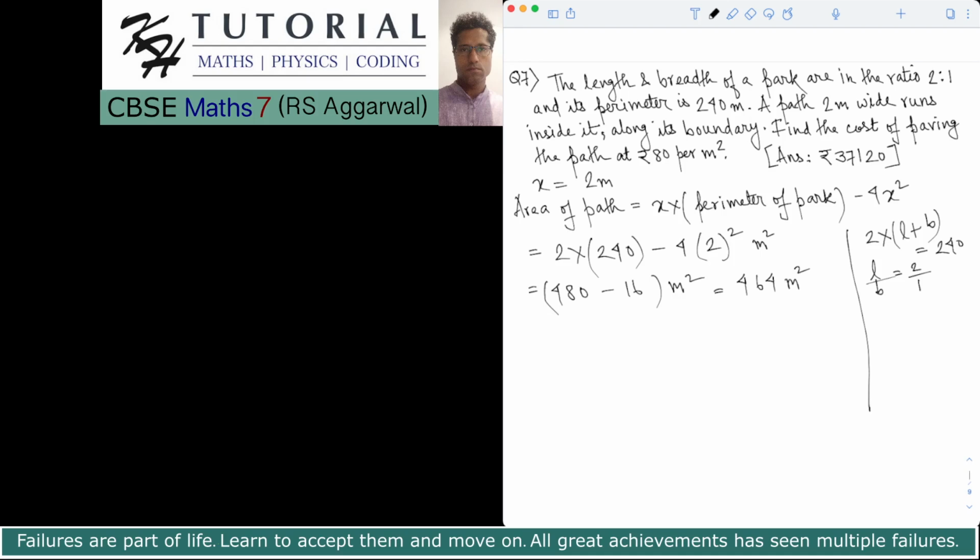Okay, so this implies the cost of paving the path will be equal to the area of the path in meter square, which is 464, multiplied by the rate of paving the path, which is rupees 80. So this is rupees 37120.